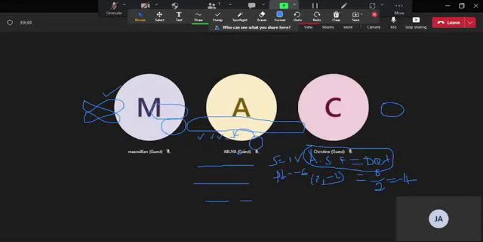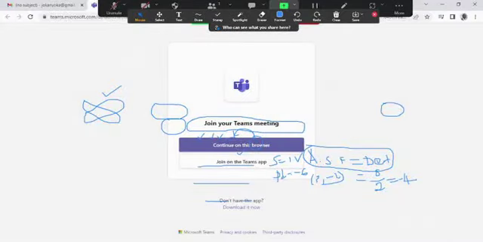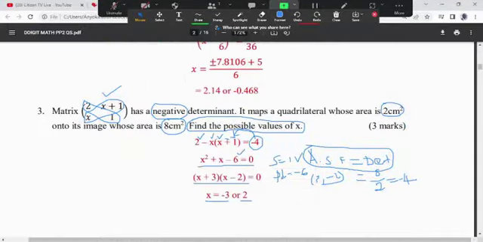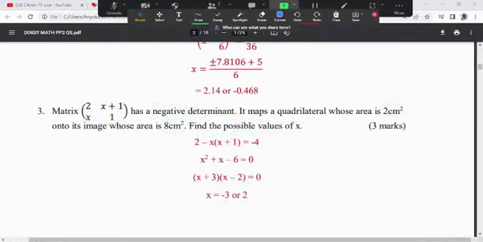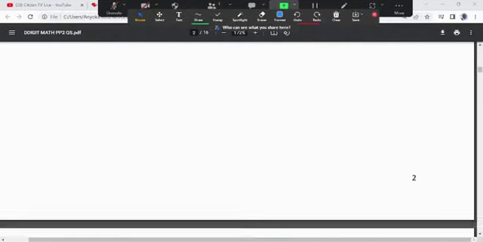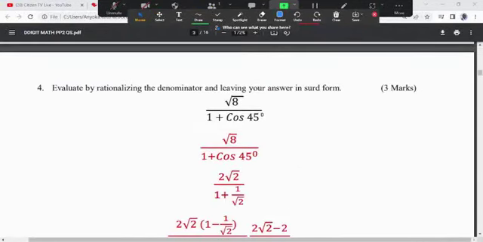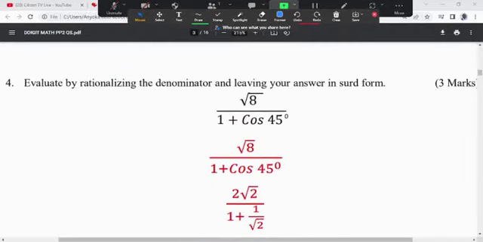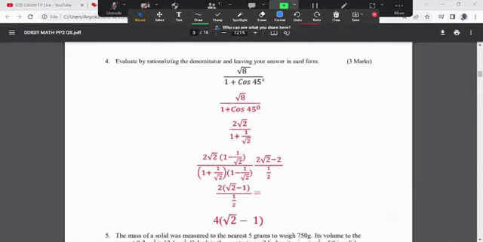Alright, let's move to the next equation. Okay, next equation. Abuya, read for us the next equation.